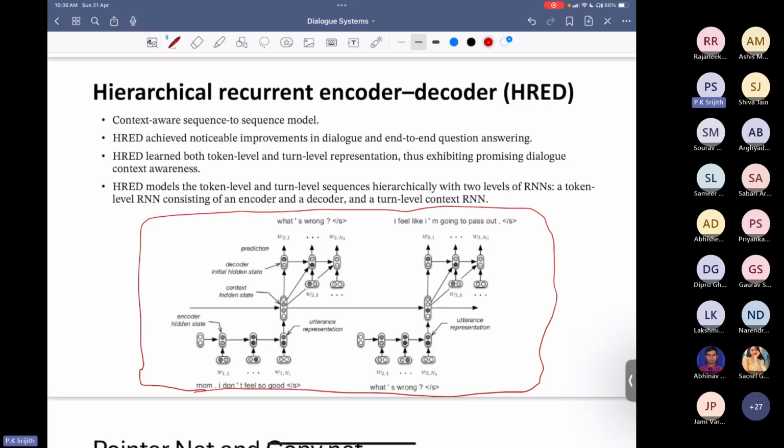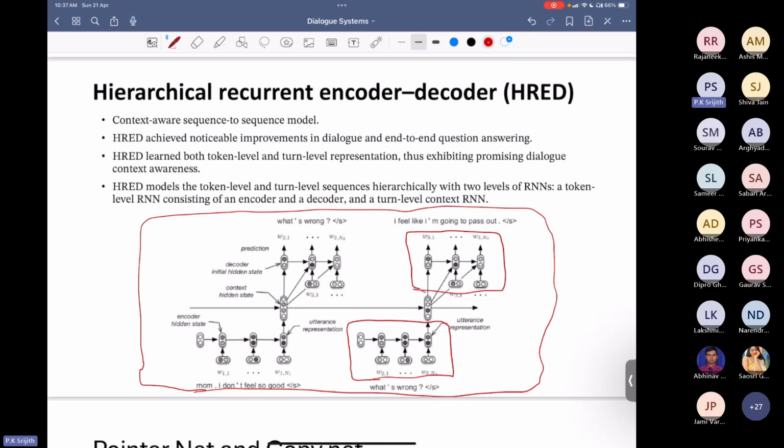You can see that there is this standard encoder-decoder here. These two components are nothing but the standard encoder-decoder.